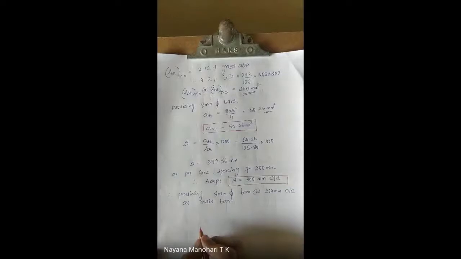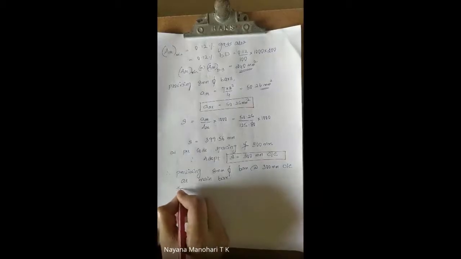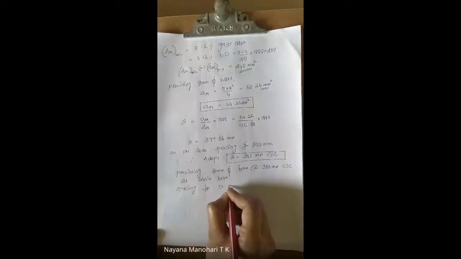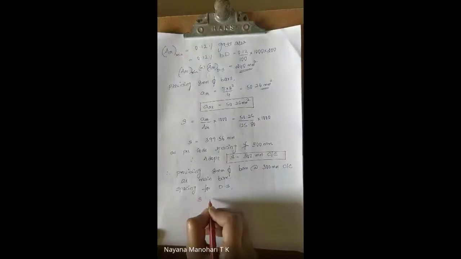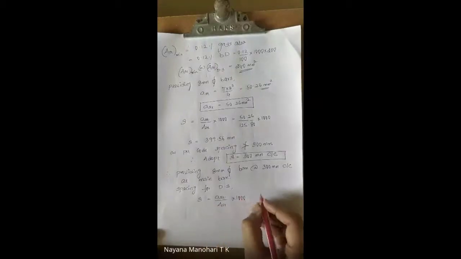Next, calculate spacing for the distribution bars. It is S equals the same equation, small AST divided by capital AST into 1000.